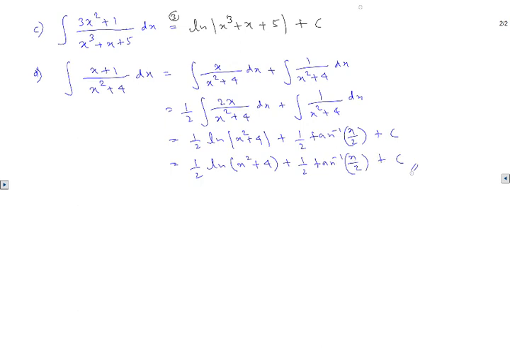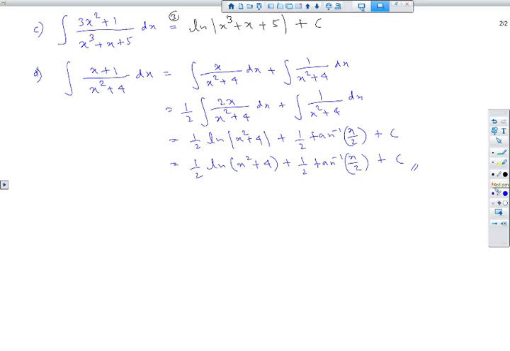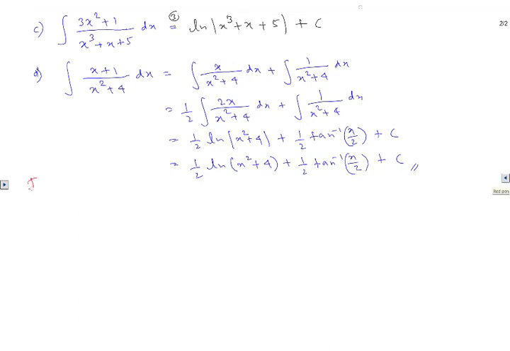So that's the best answer if you can write it, but there's nothing wrong if you write the previous one. Okay, so this is how we do these kinds of problems. And then I also want to point out an important idea that will be useful.